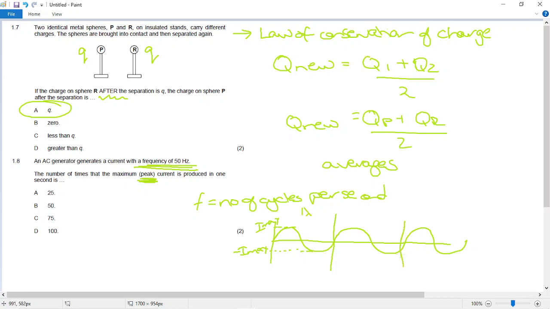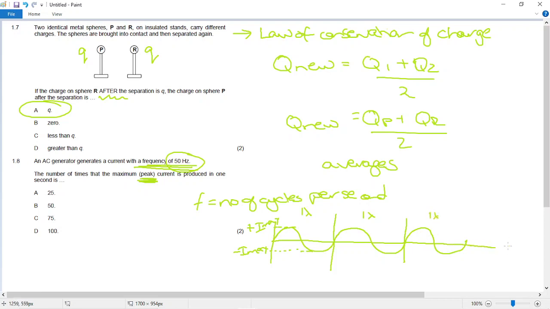Here is, look at me drawing that line so terribly, another 1 lambda. In every one wave, I have 2 peaks, a positive peak and a negative peak. So if it's 50 hertz, then I've got 50 waves. Can you see I've drawn a whole 3 waves over here?